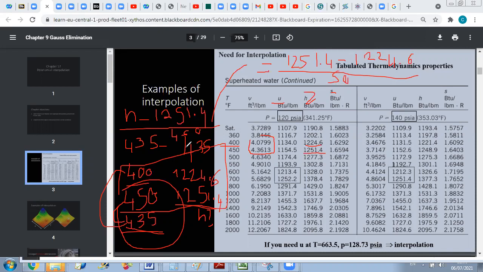By doing this equality, I consider that the variation is linear between these 2 points, and I am able to get the value of H. And we can do several types of interpolation. We can do quadratic interpolation. So if we take 3 points instead of 2, etc., we will introduce these methods in this chapter.